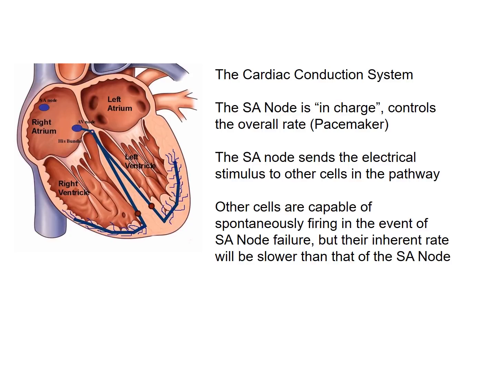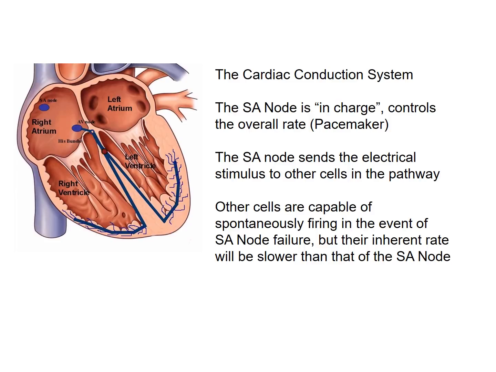Remember, the cardiac conduction system, the SA node is in charge. It controls the overall rate of the heart, so it's considered to be the pacemaker. Typical SA node firing is between 60 to 100 beats per minute. SA node fires, sends its electrical activity through the atrium into the AV node.